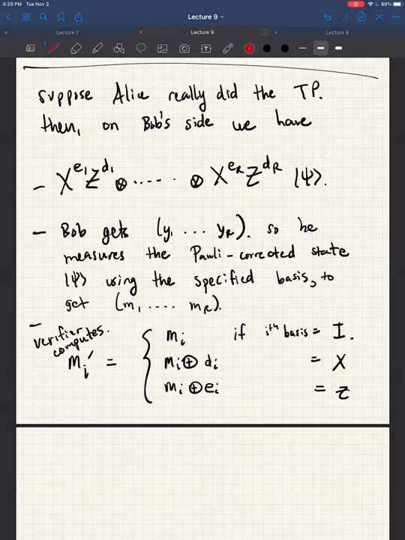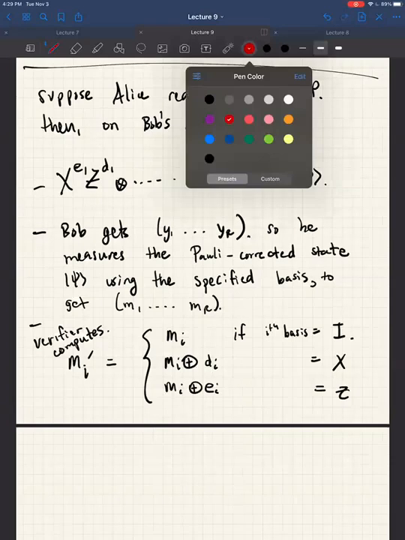Why do we trust that Alice has given us the correct keys? Great question. So we don't trust that she's done that. Let me get to that in just a second. So we're still assuming that Alice has done the teleportation correctly.